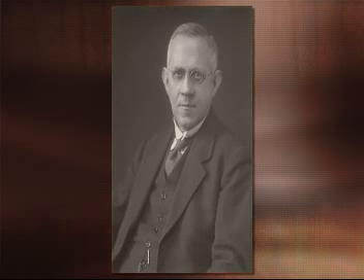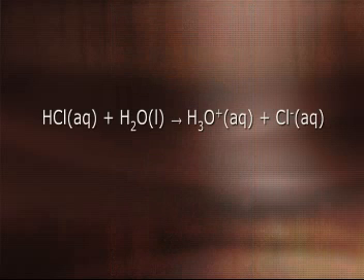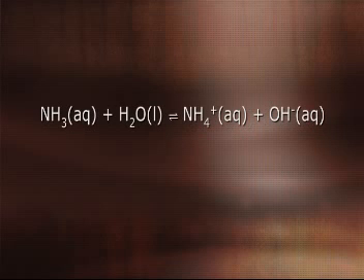Let us look at some examples. When hydrochloric acid ionizes in water, hydronium ions and chloride ions are formed. When ammonia and water react, they form ammonium plus and hydroxide ion. This is a reversible reaction.